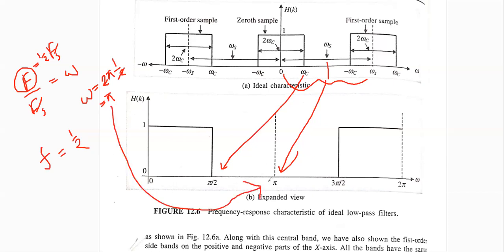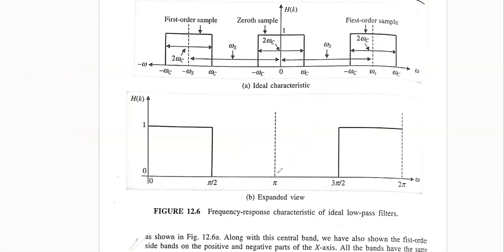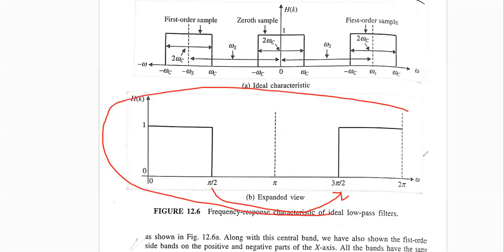It represents the sampling frequency, omega s. And this is 3 pi by 2 accordingly, and this is twice pi. So this is our full spectrum now. Our range of view is from 0 to twice pi.